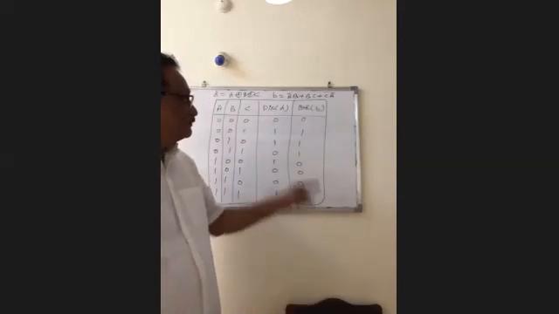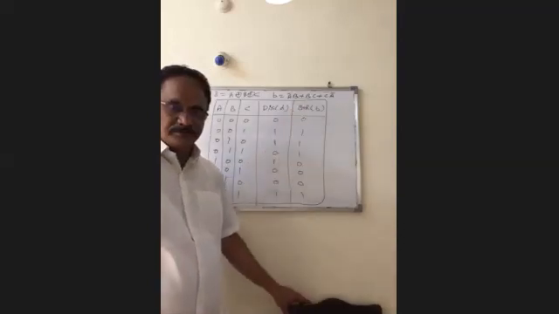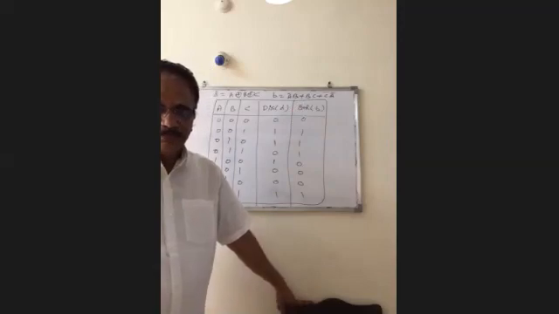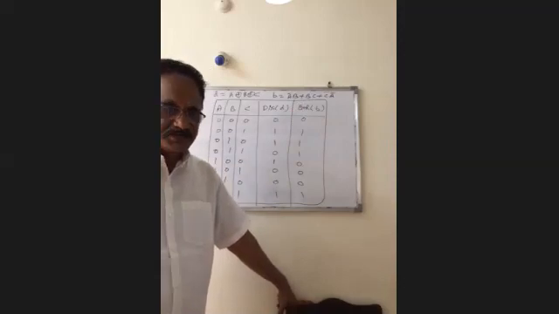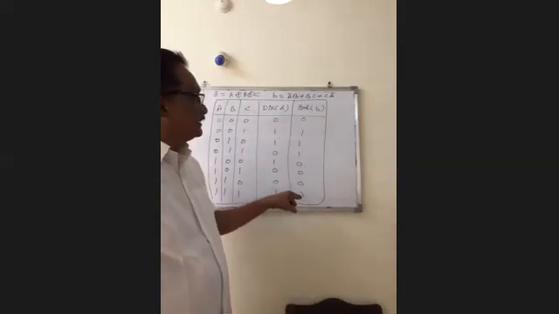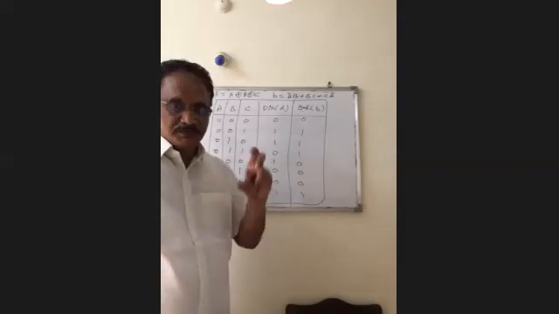Next, write the borrow output for the full subtractor, and then obtain the minimal expression.